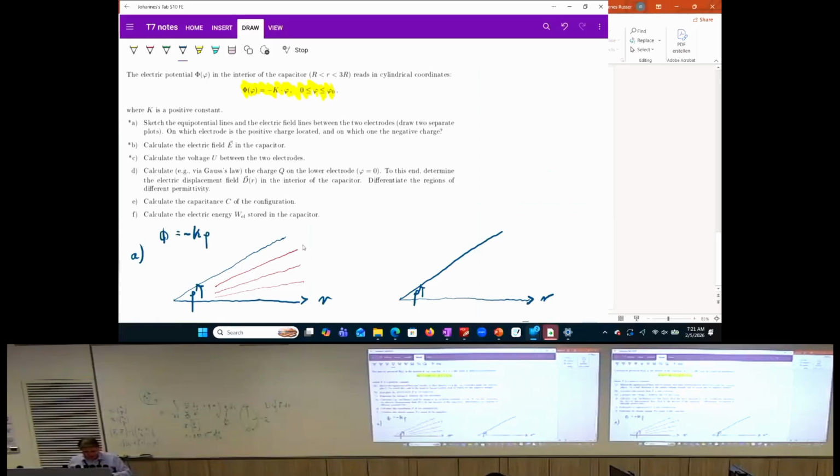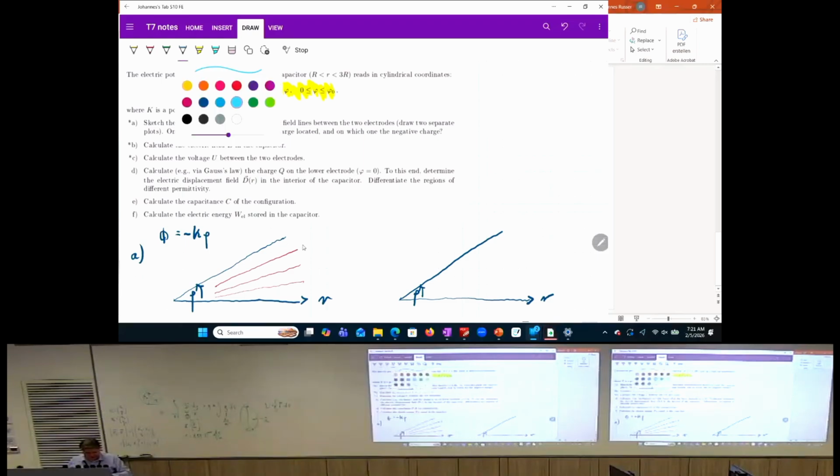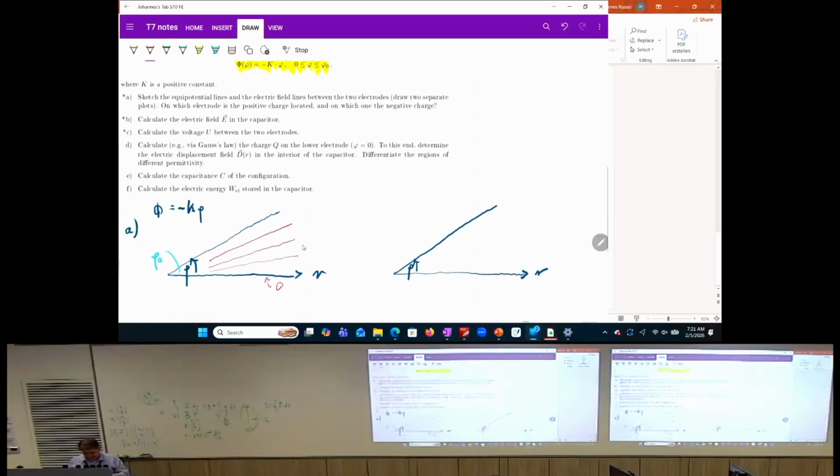At the complete angle between the two plates, that would be phi 0. And here at the bottom, we have phi equal to 0. And up there on the top electrode, the potential will be minus k phi 0.